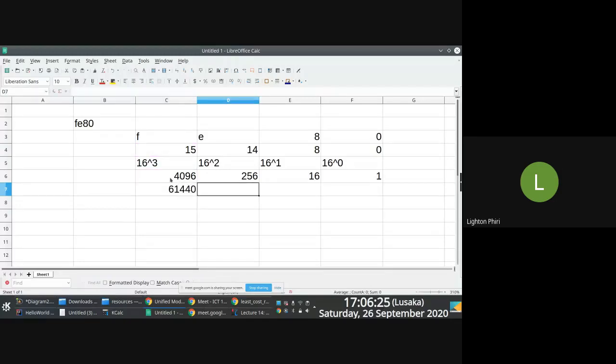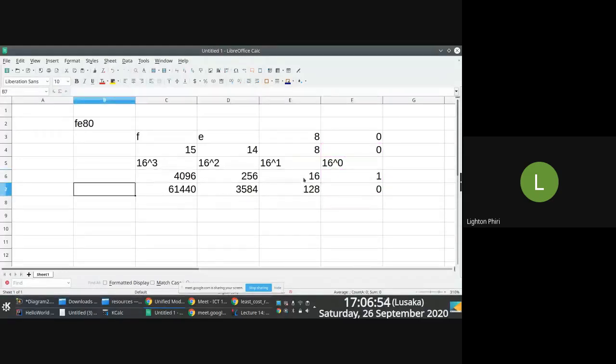And here we're going to multiply 256 times 14. Then here we are going to multiply 16 times 8, it's all the same, right? 8 times 16. Here we are going to multiply 0 times 1. What is 0 times 1? It's 0, right?